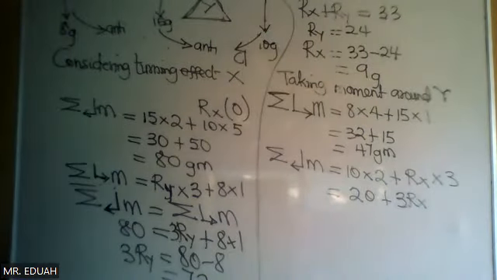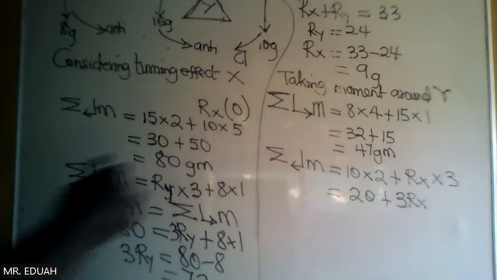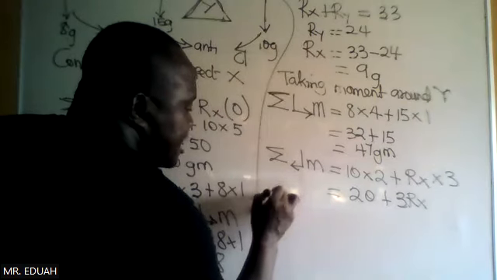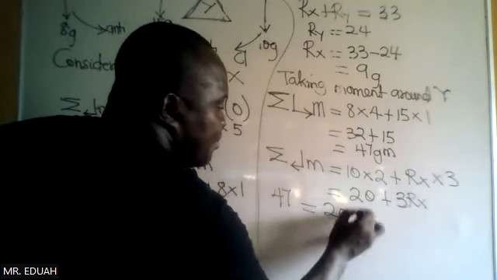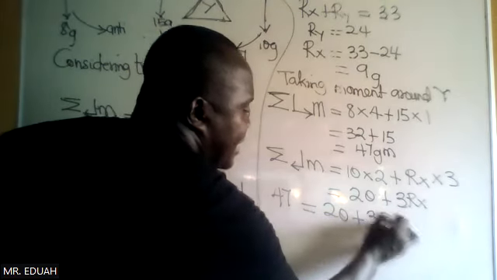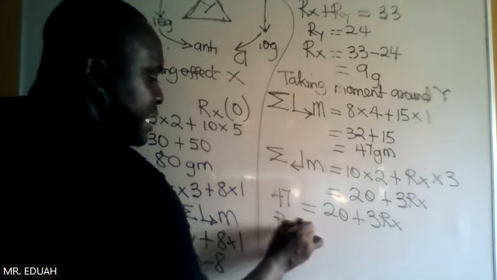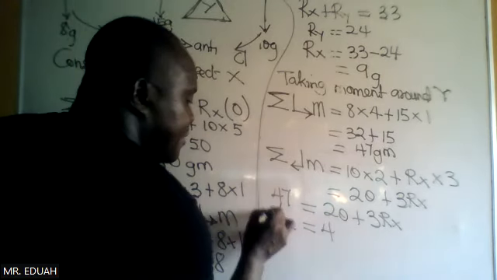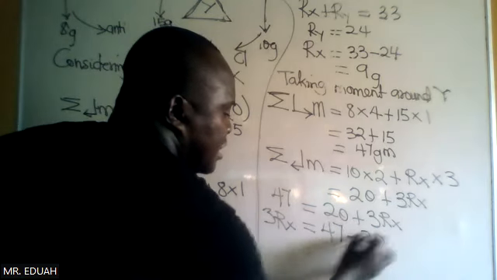So for equilibrium, the sum of clockwise moments must be equal to the sum of anti-clockwise moments. So we have 47 being equal to 20 plus 3 Rx, giving us 3 Rx is equal to 47 minus 20.